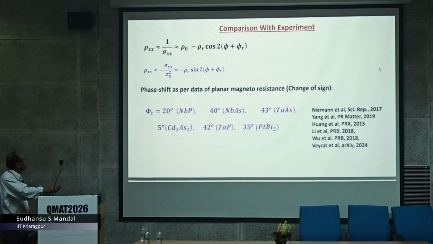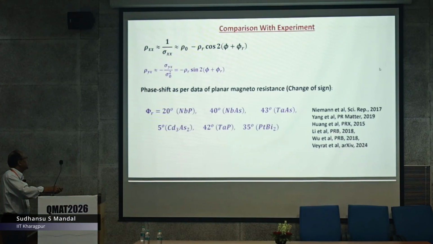All right, so these are the formulas, and the other experiments have not given the full variations of rho xx and rho xy with theta, but they have said that there is a sign change in the magnetoresistivity.